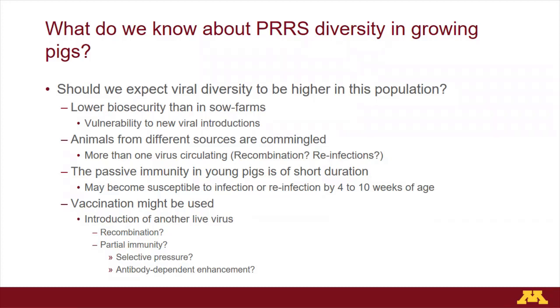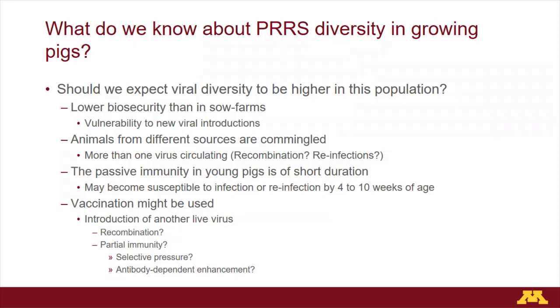So what do we know about PRRS diversity in growing pigs? Not much really, but we could speculate that we could expect viral diversity to be higher in this population. First, they usually have lower biosecurity than sow farms, which are most of our knowledge so far, and this could potentially increase their vulnerability to new viral introductions.